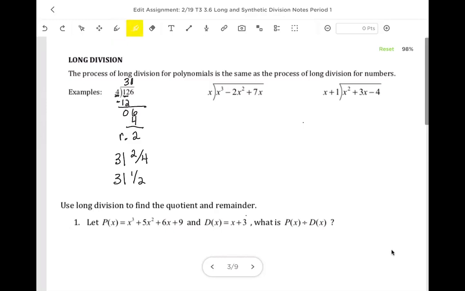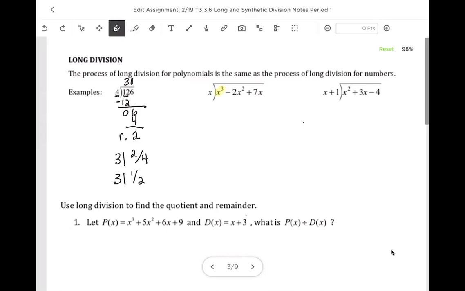So this is the new stuff, you guys. So x is going to divide into the first term only, okay? So x goes into x cubed. Now you think, what does that mean? Well, I take it the other way around. I take x cubed and I divide by x.